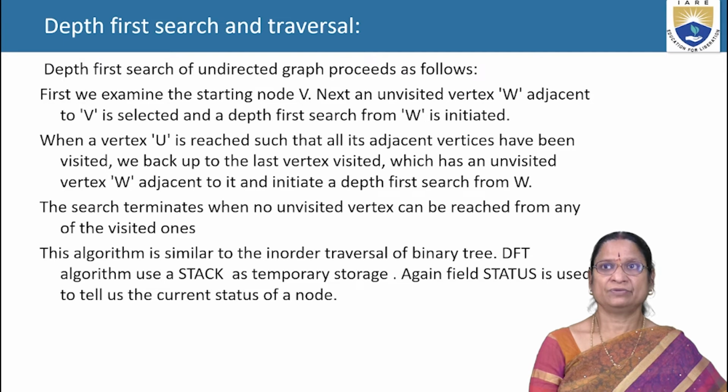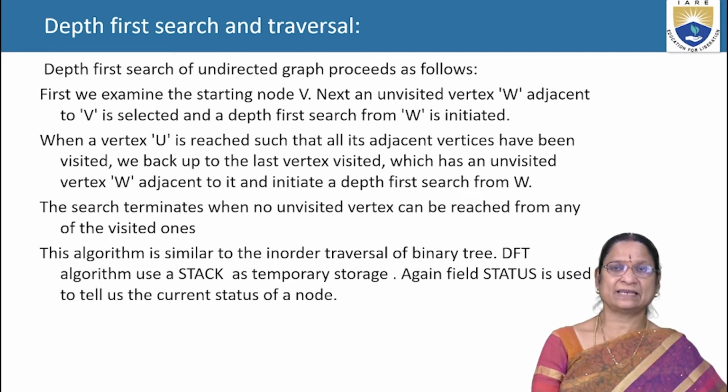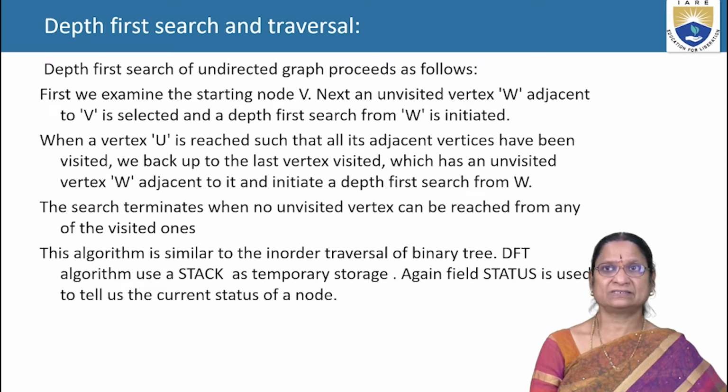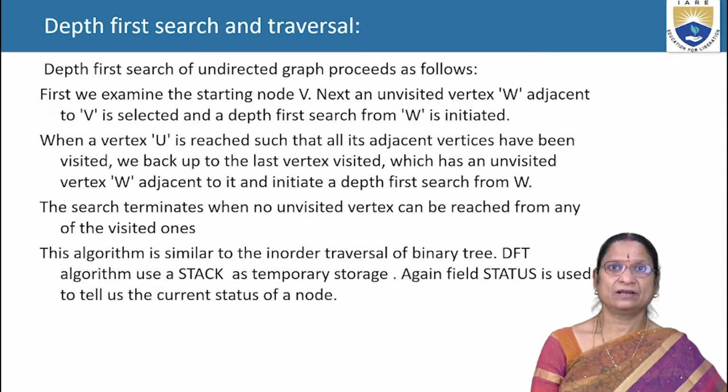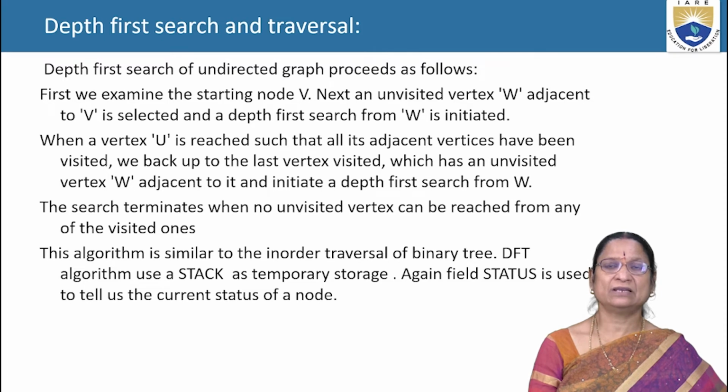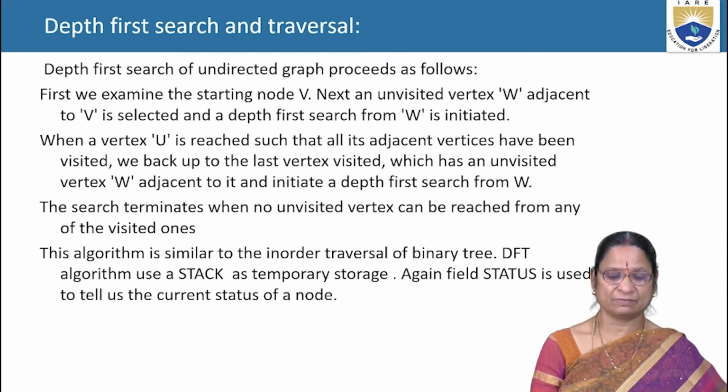If the next unvisited vertex W adjacent to V is selected, the depth first search from W is initiated. When a vertex U is reached such that all its adjacent vertices have been visited, we go back up to the last vertex visited which has an unvisited vertex W adjacent to it.